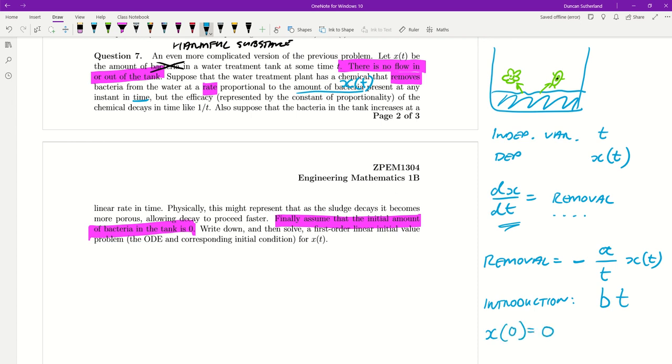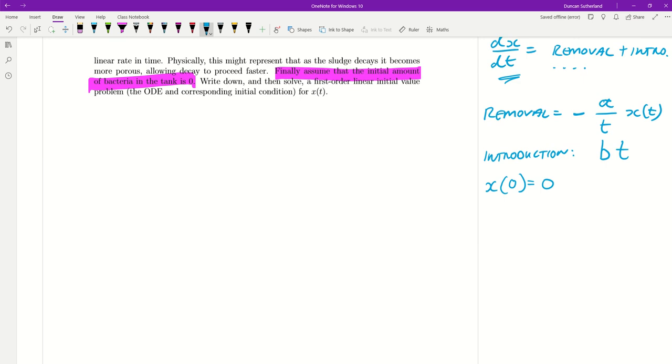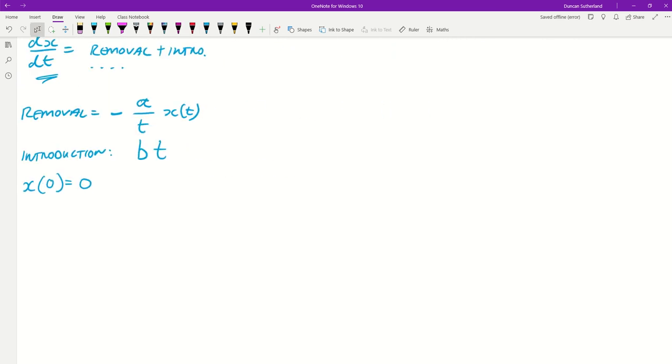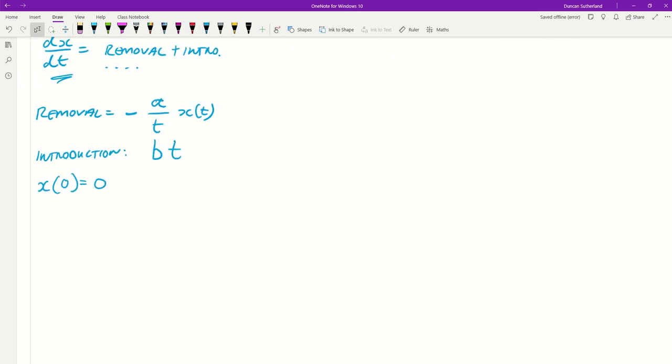Right, so our rate overall, we've got a removal and we've got an introduction. So our ODE problem becomes dx/dt equals minus a over t x of t plus, because the introduction's positive, b t, like so.